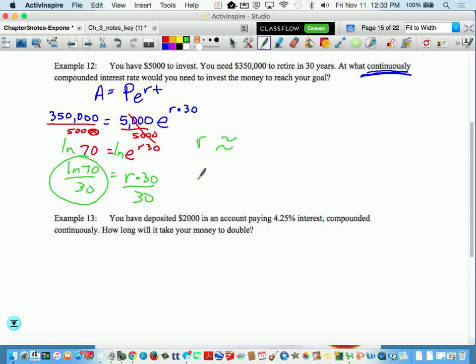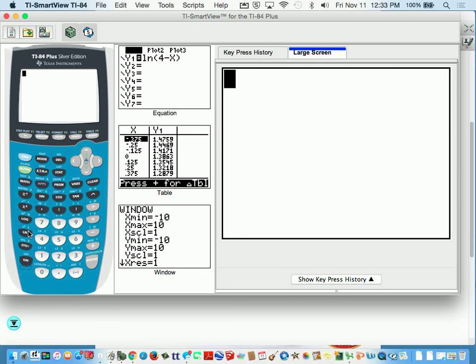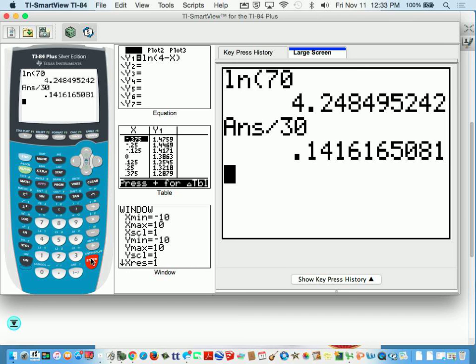Also, what is r in the problem? It's an interest rate, not the decimal. So you're doing ln of 70 divided by 30. That's the decimal in the problem.